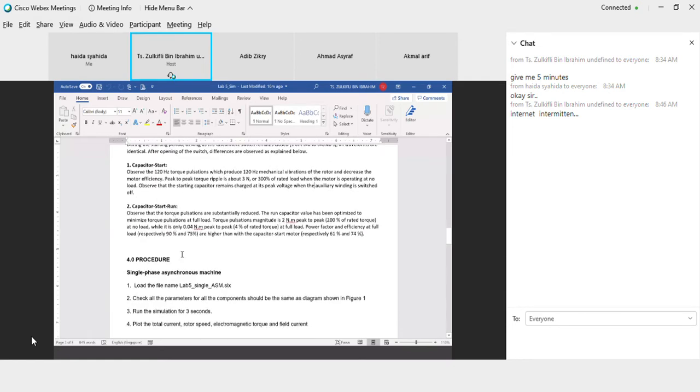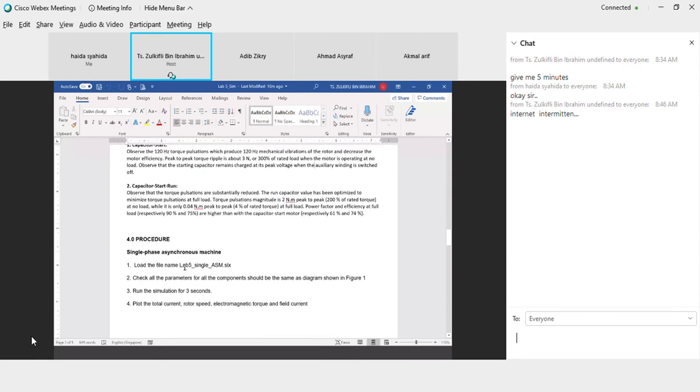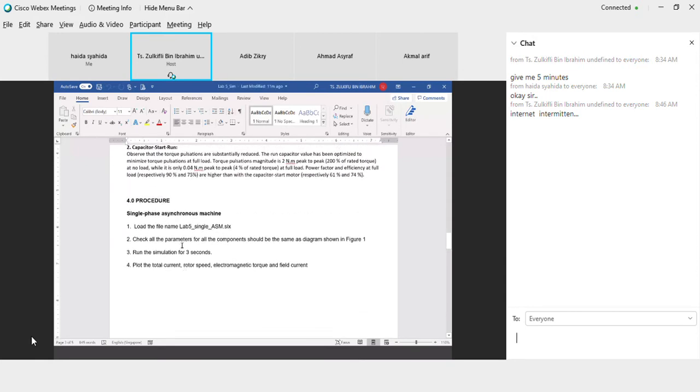And this is your procedure. I'll upload the file, and you just need to choose the file, except you need to make some connections on the graph that needs to be presented later in the lab report.